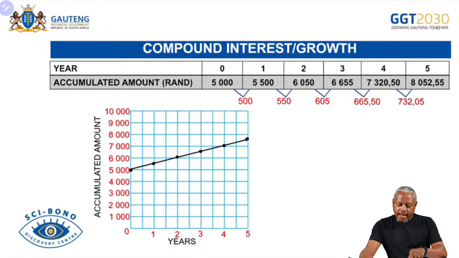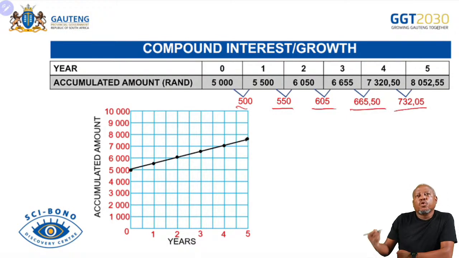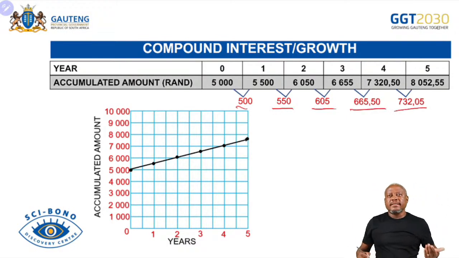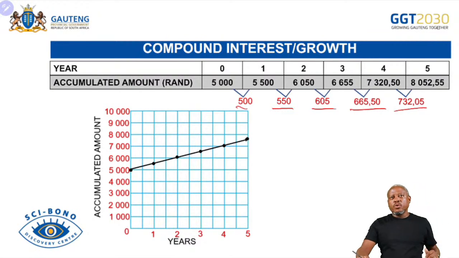So here, the difference is in compound. Do you see our interest? It differs. It grows. It's not constant. But in simple interest, our interest is constant. It means it doesn't change. But this one is compound interest. It always grows. That's the difference between compound interest and simple interest.